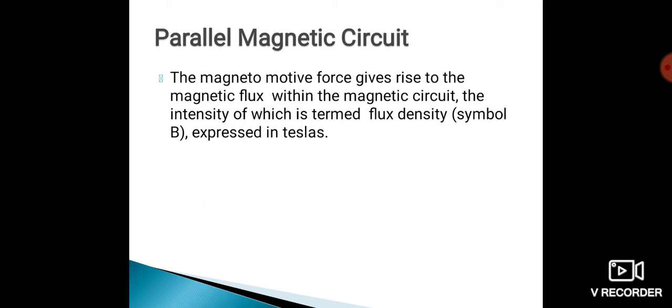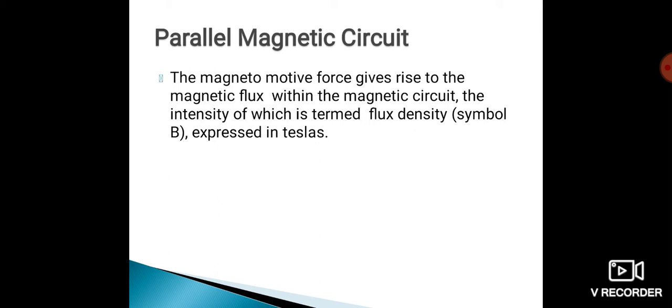The magnetomotive force gives rise to the magnetic flux within the magnetic circuit, the intensity of which is termed the flux density, with the symbol B. That means whenever the magnetomotive force is increased, it will also increase the magnetic flux within the magnetic circuit.